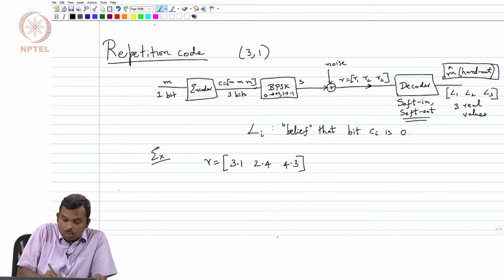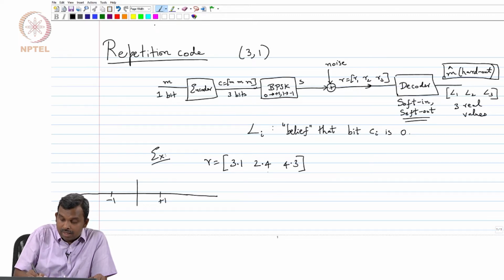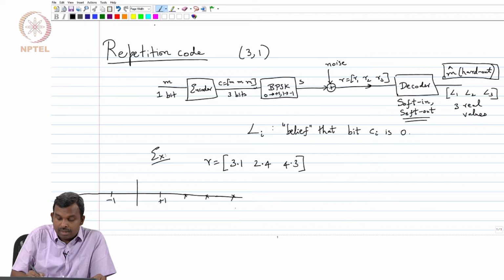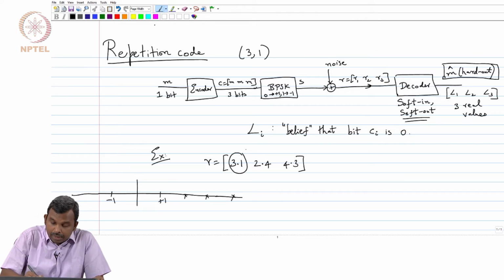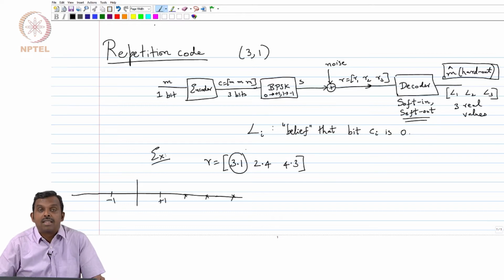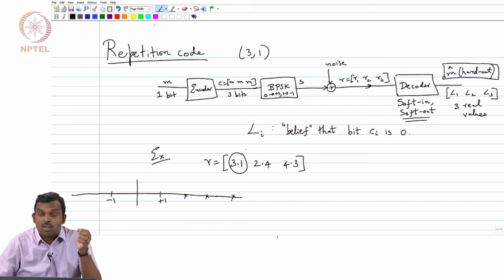So once again, remember what the setup is here. We have this transmission which is either +1 or -1, and noise gets added, and what I am receiving here, these 3.1, 2.4, 4.3, are all way out here. These are the 3 received values. So what does this 3.1 represent? The fact that it's 3.1 means I have a certain soft input about what that first bit could have been.